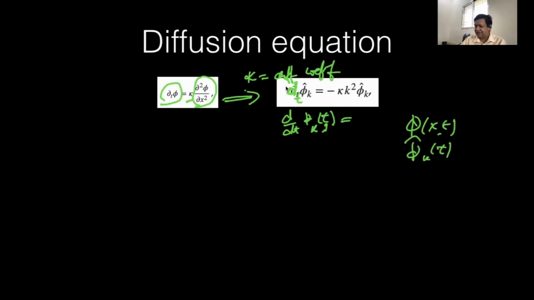Now, this equation is an ODE. For every k we get an ODE, so we have lots of ODEs. We can solve these ODEs. We can use Euler, RK2, and so on. So this is just straightforward. It turns out it has an exact solution.